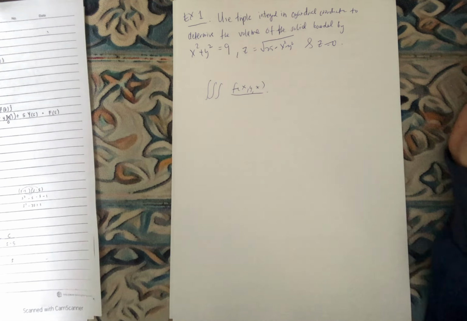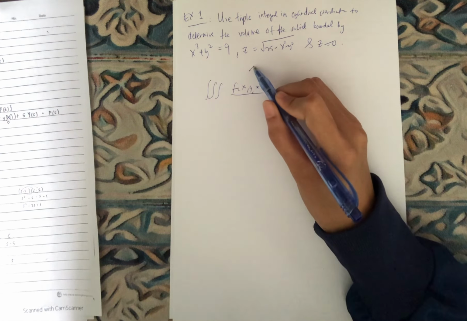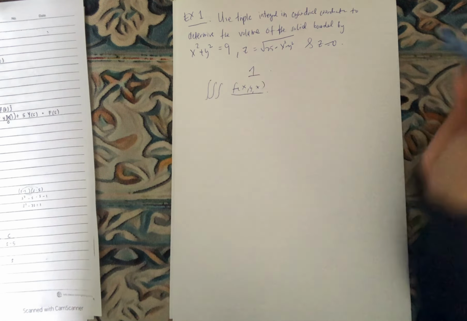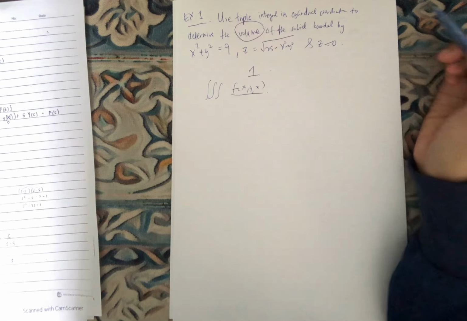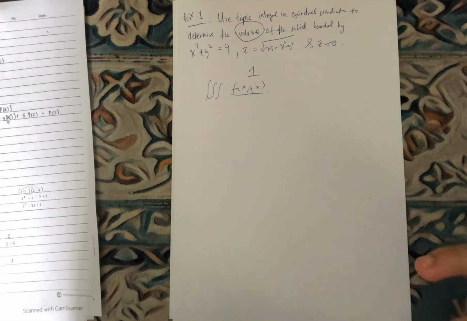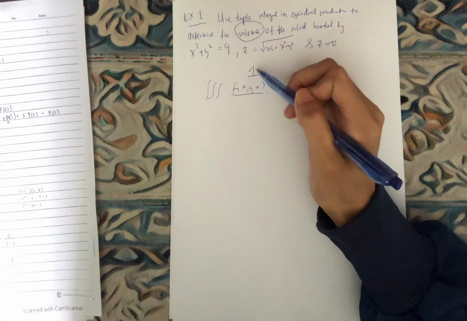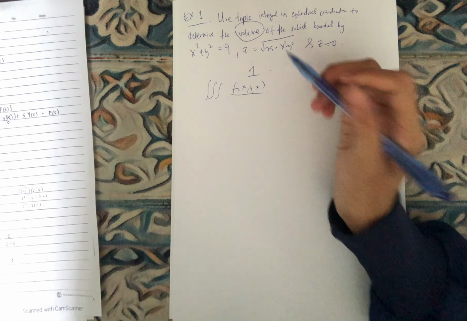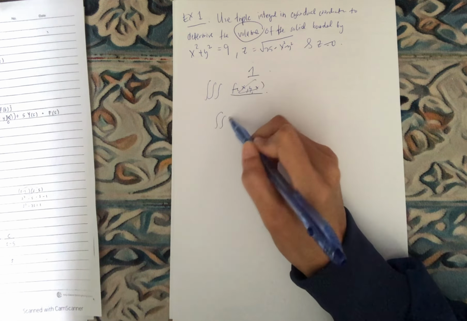Your function is equal to 1, because of the word volume. When it comes to a triple integral and it says to find the volume, it means that you will integrate 1 as your function.